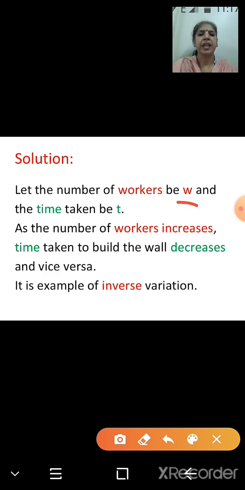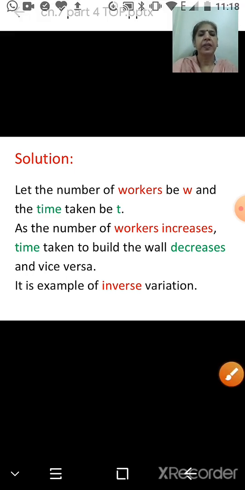Now we have to find which variation it is. Have they mentioned which variation? No. So we have to find. The reason is, as the number of workers increases, time taken to build the wall decreases, and vice versa. So it is an example of inverse variation.